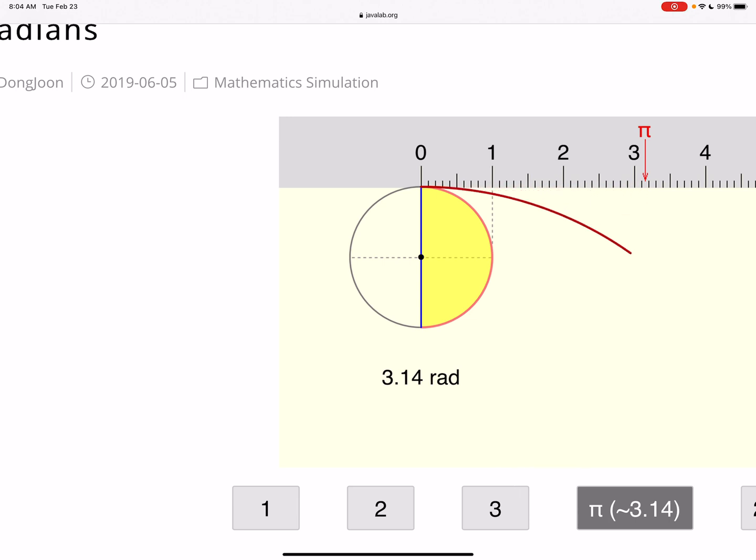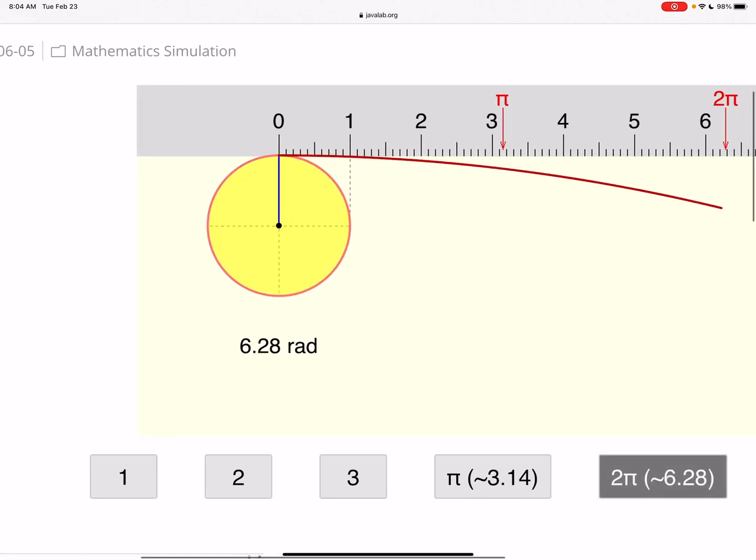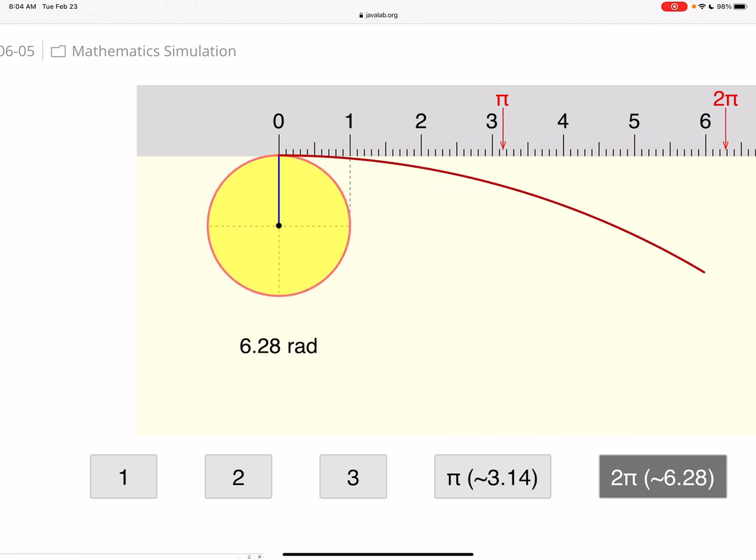Think about that before you answer. If I wanted a full circle, that's about 2 pi or roughly 6.28, right? So a radian is basically the length of a radius that's on the arc or the curve. Arc is just a fancy term for the curve, okay, or the circle. So if we wanted to wrap the entire circle, it would require 6.28 radians, or roughly 2 pi.